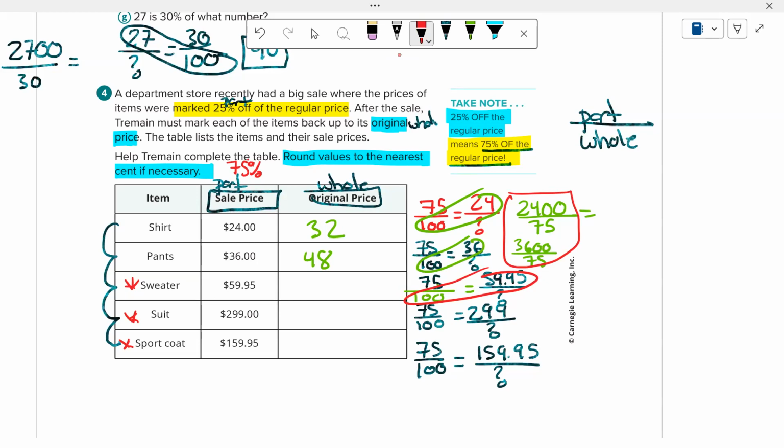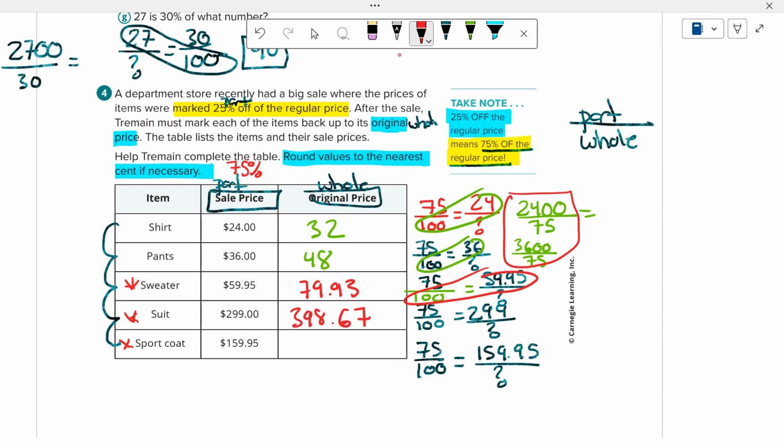I'm going to write these answers for you. So this is going to be $79.93. This is going to be $398.67 because it said round to the nearest cent.